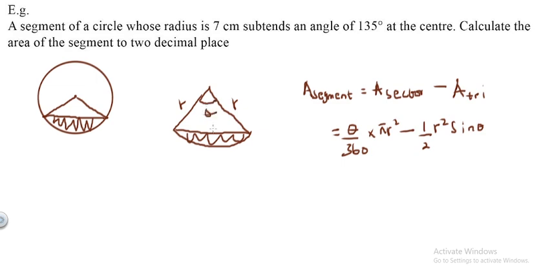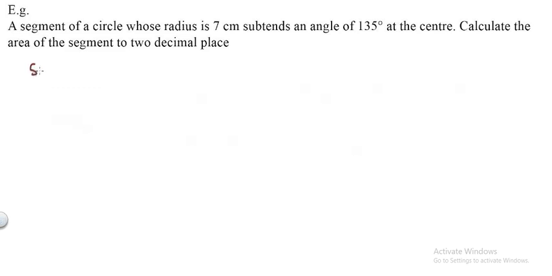So now that we've spoken about the formula of area of a segment, let's look into this example. Let's write out the solution first. If we read out the question, we're told that a segment of a circle whose radius is 7 centimeter subtends an angle of 135 degrees at the center. Calculate the area of the segment to 2 decimal places.